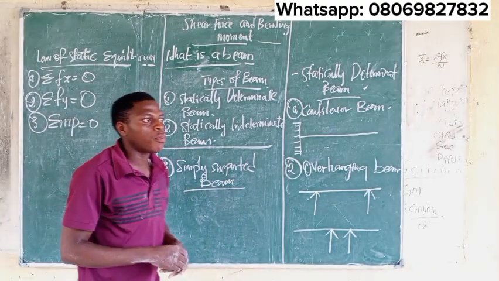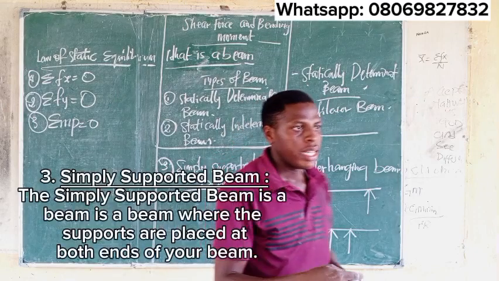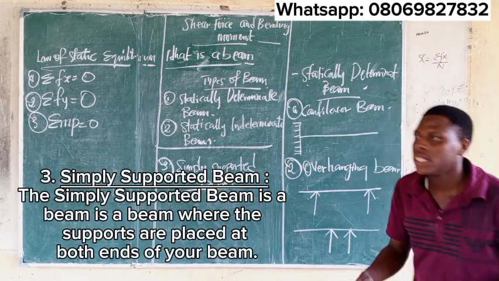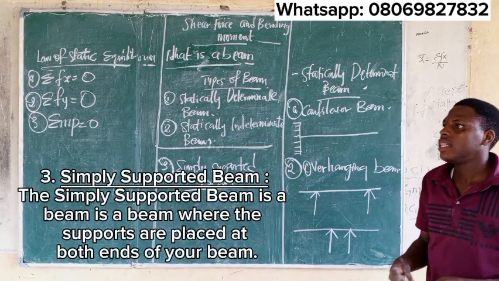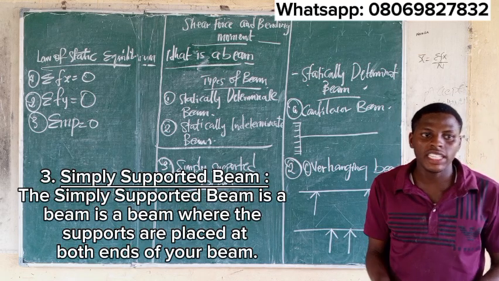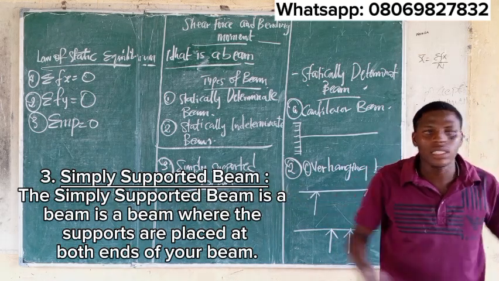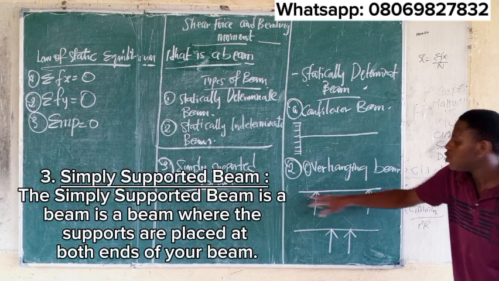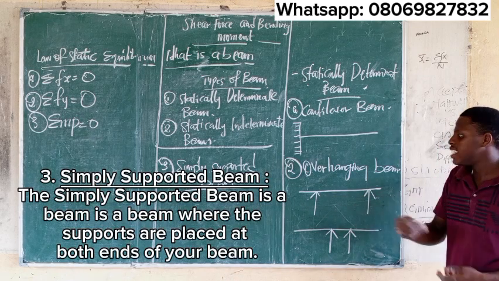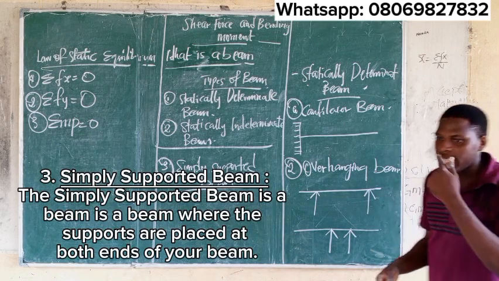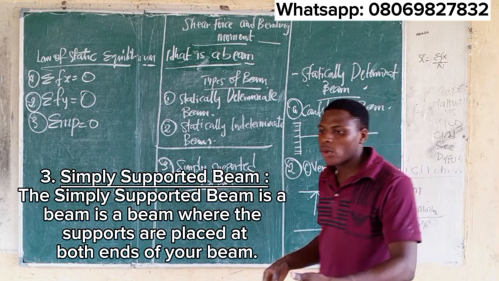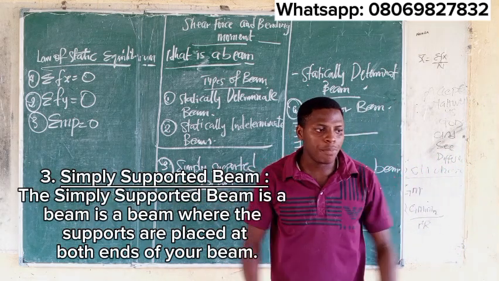Now what is the simply supported beam? The simply supported beam is a beam where your support is placed at both ends of the beam.